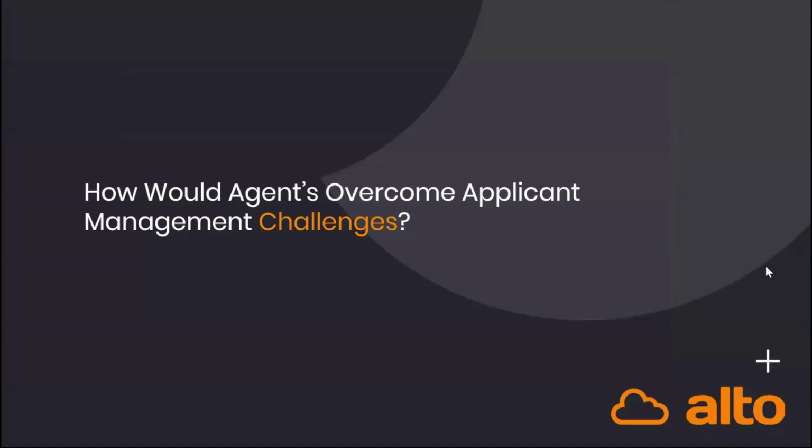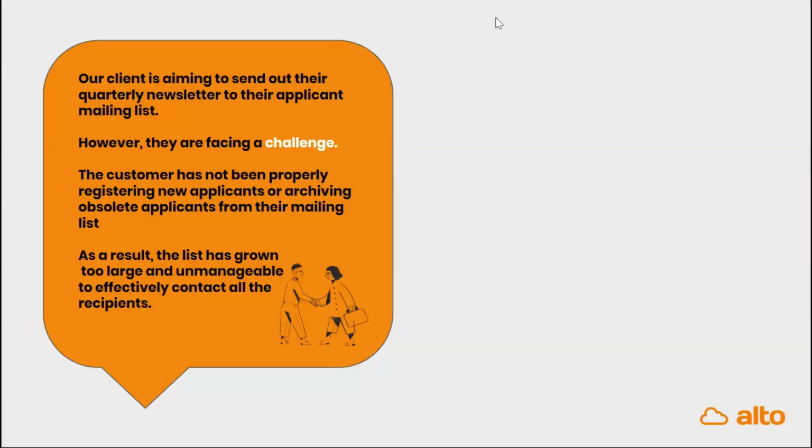So, Madeline, how would agents overcome applicant management challenges? Okay, so here we have a quick feedback from a customer, and they said that their client was aiming to send out their quarterly newsletter to the applicant mailing list, but they were facing a real big challenge. The customer had not been properly registering their new applicants or archiving their obsolete applicants from their mailing list.